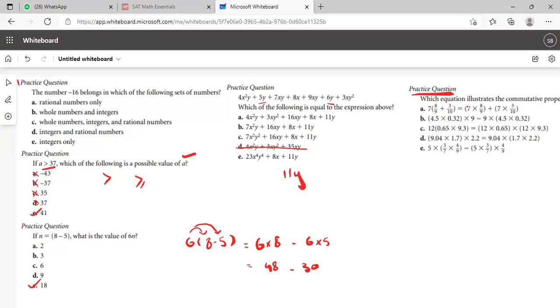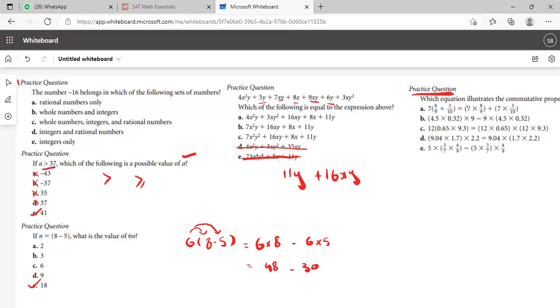Okay. Let's move on to this part now. 7xy plus 9xy. The answer is 16xy. We have 16xy here, here, and here. We'll simply cross out this one. Next, we'll have 8x as it is.